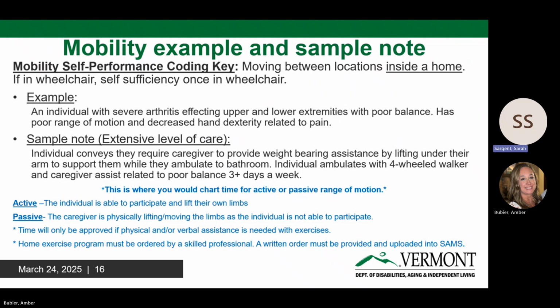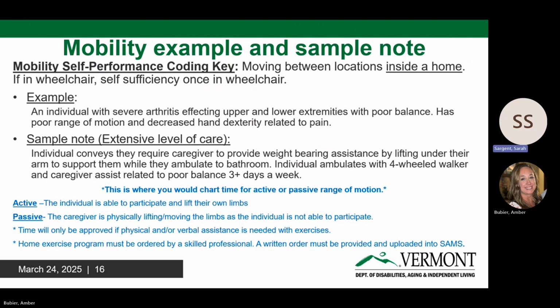A sample note of mobility at extensive level of care. An individual conveys they require a caregiver to provide weight-bearing assistance by lifting under their arm to support them while they ambulate to the bathroom. Individual ambulates with a four-wheeler and caregiver assist related to poor balance, 3+ days a week.